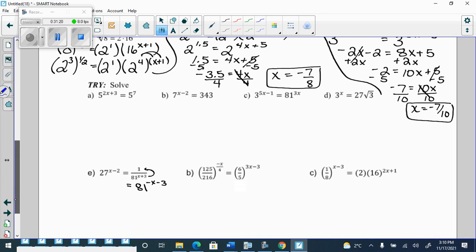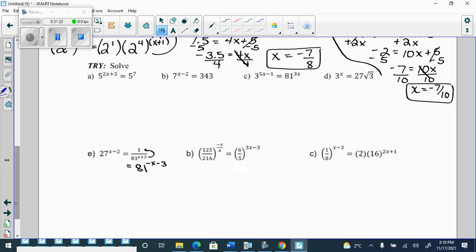I need it to be 6 over 5. This here is 5 over 6 to the power of 3 times negative x over 4. So this is going to be 5 over 6 to the 3x over 4, sorry. But I need it to be 6 over 5.